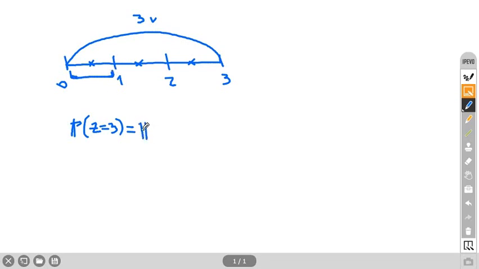So 3 views in the first hour is the probability that X is equal to 3. Then no event in the second hour.